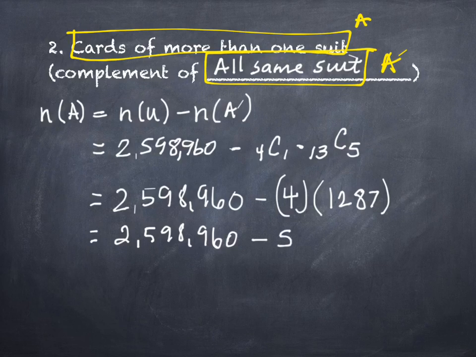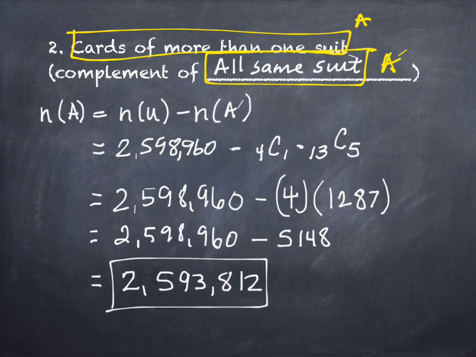What was it? 5,148. Okay. And then we need to subtract: 2,598,960 minus 5,148. Okay. Is that all right?